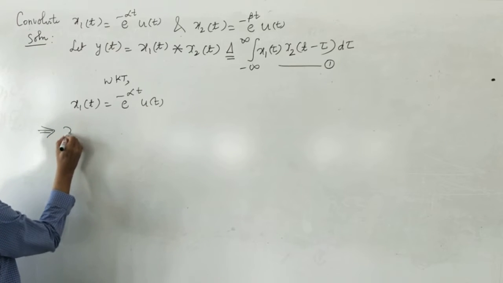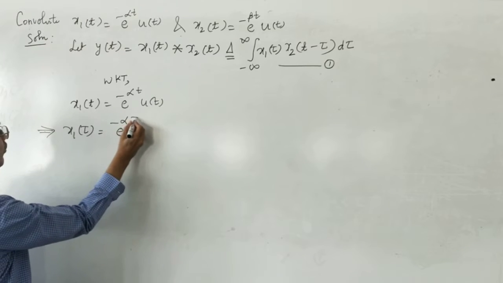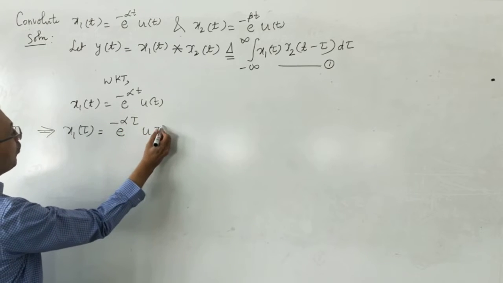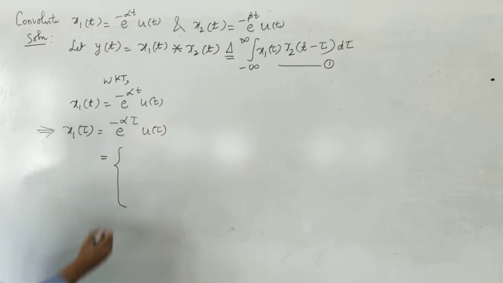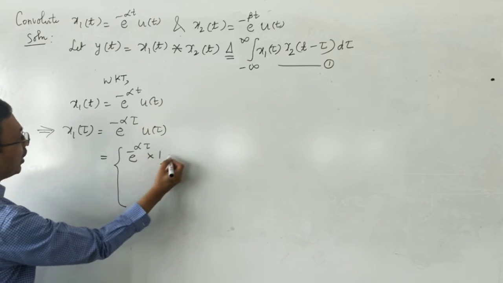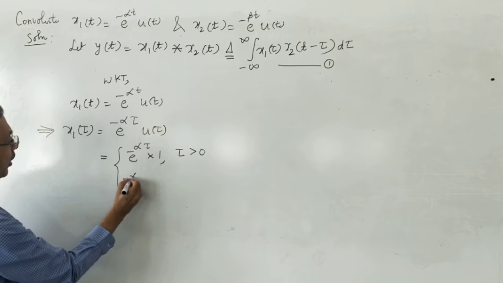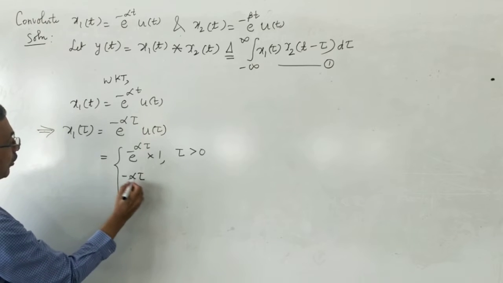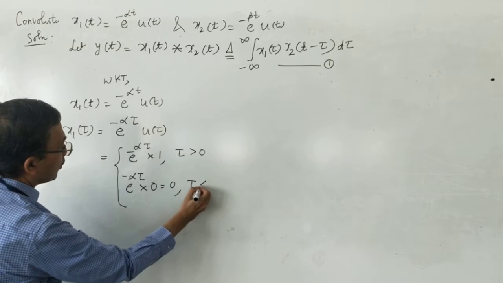This implies x1 of tau equals e to the power minus alpha tau into u of tau. U of tau is either 1 or 0. So e to the power minus alpha tau is multiplied by 1 for tau greater than 0. E to the power minus alpha tau is multiplied by 0 when tau is less than 0.